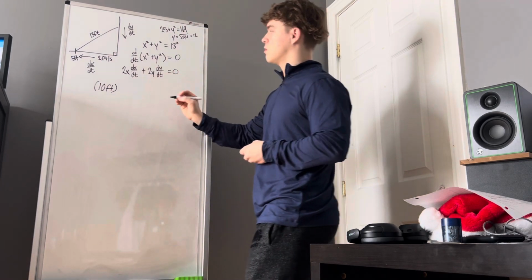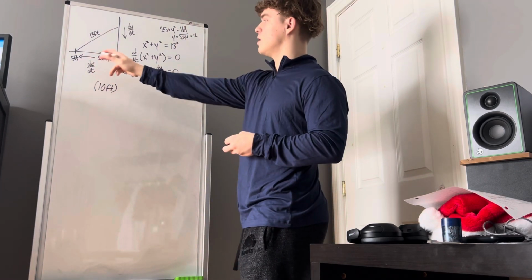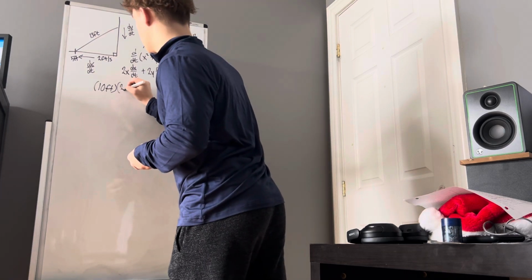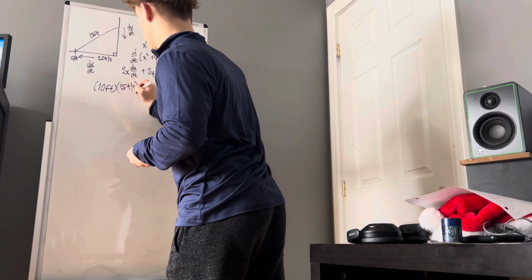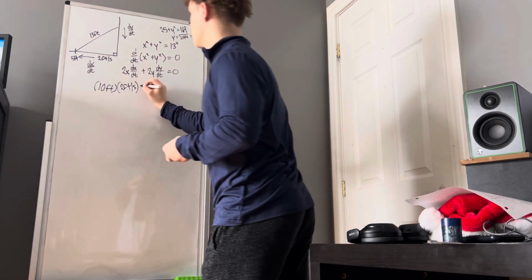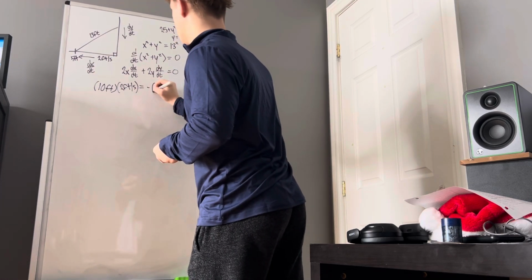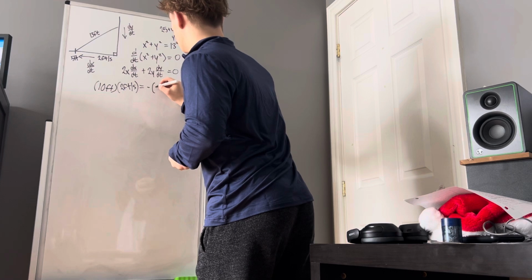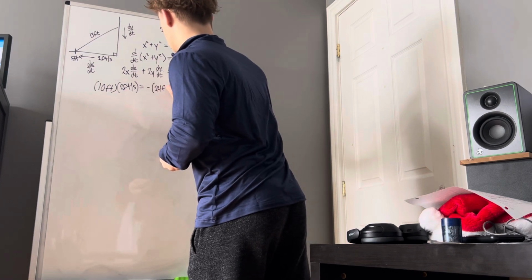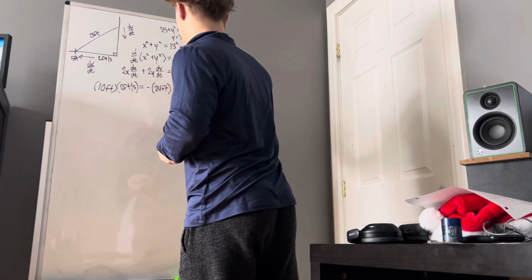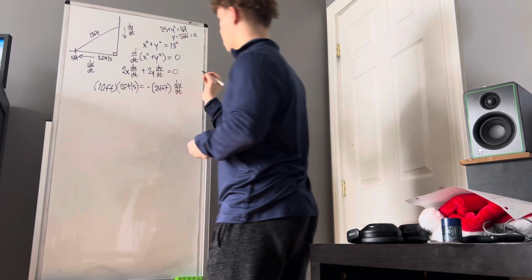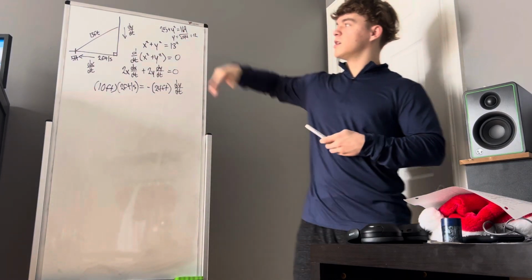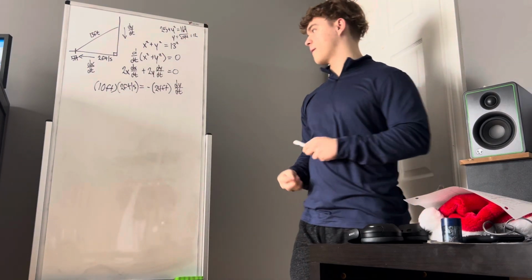So we have 2 times 12. We know dx/dt is 2 feet per second. I'm going to switch this over to the other side. We've got negative 2 times y, which is 12, so that's 24 feet, times dy/dt. dy/dt is how fast it's sliding down here.